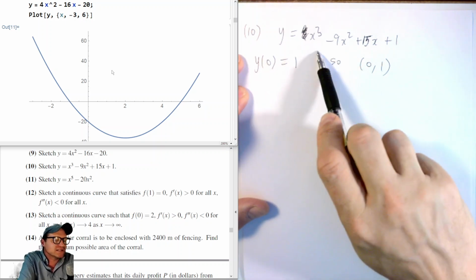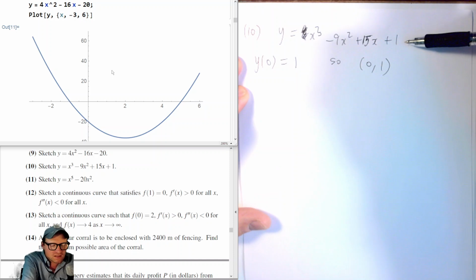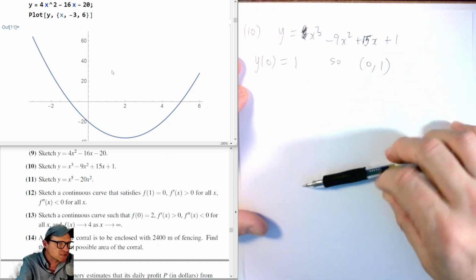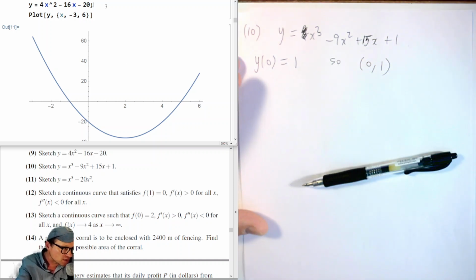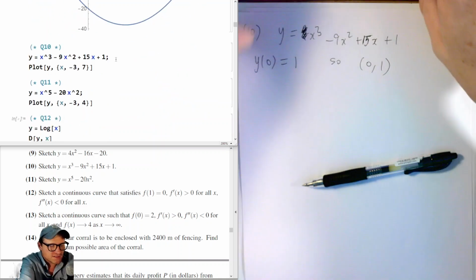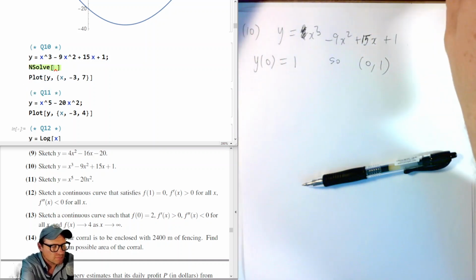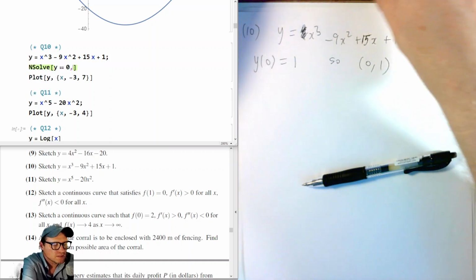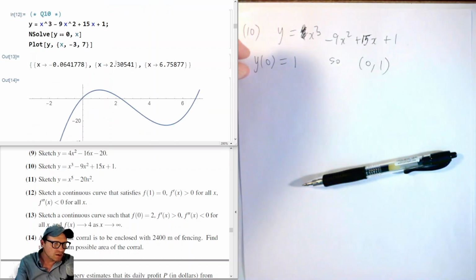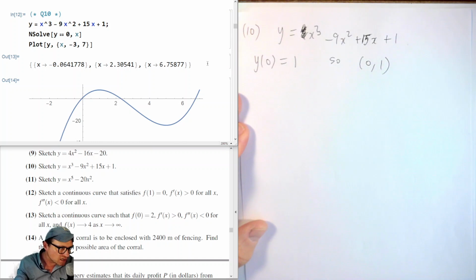Now we cannot easily do the same thing for the x-intercepts. I mean, we can, but we have to do this numerically. I'm just going to get on a machine and show you that it's kind of annoying. So I'll say numerically solve this for x. And so we have 3 other points that we got using a machine.